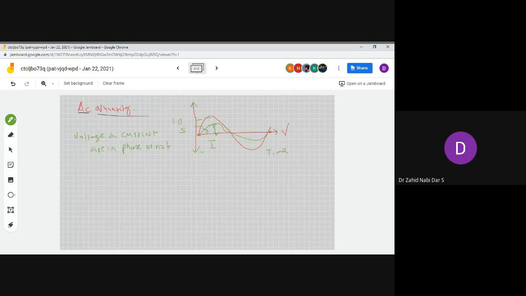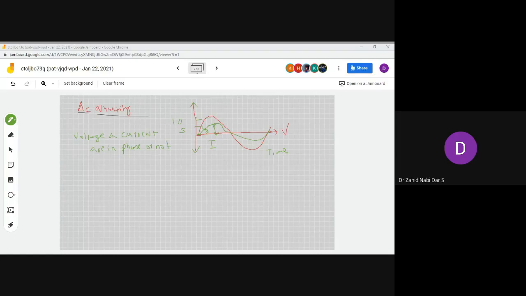What is important is that this quantity which is varying sinusoidally, which has a magnitude and direction, is called a phasor quantity. That's why when I'm representing my current, I don't write just I. If I have to write an AC current, how do I write?